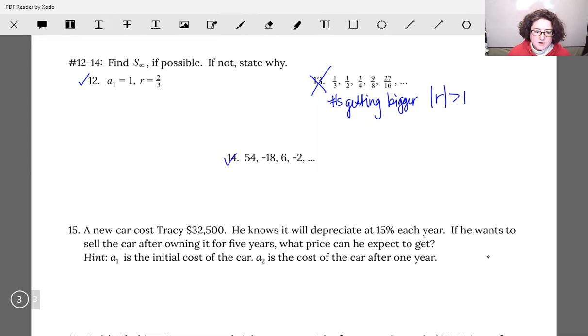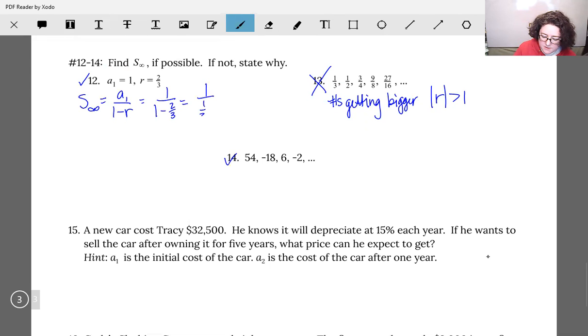So our formula, S sub infinity equals a sub 1 over 1 minus r. That's it. So all we have to do is plug in. So 1 over 1 minus 2/3, aka 1 over 1/3. But what happens when you divide a fraction? It's the same thing as multiplying by its reciprocal, and the reciprocal of 1/3 is 3.